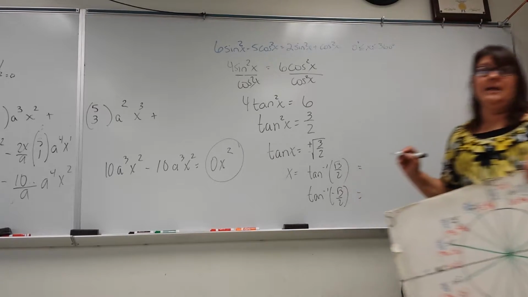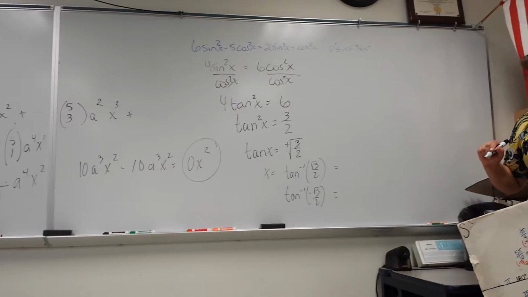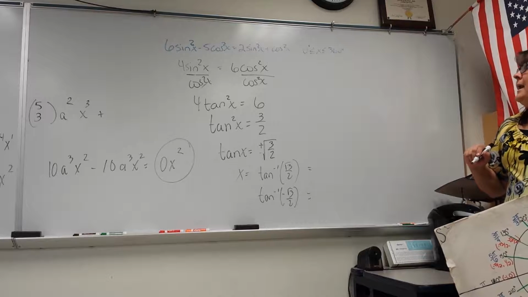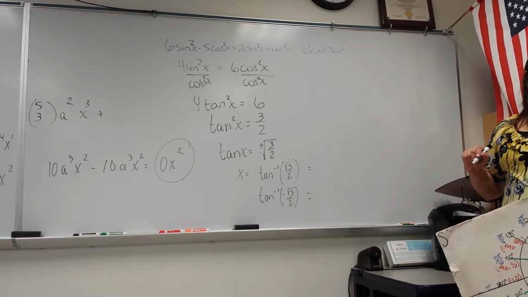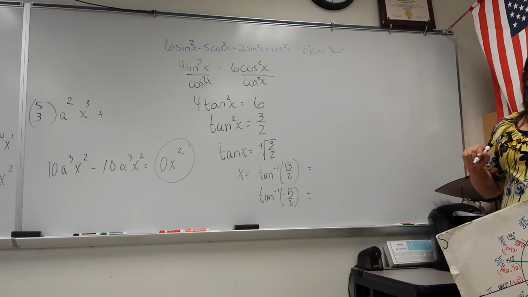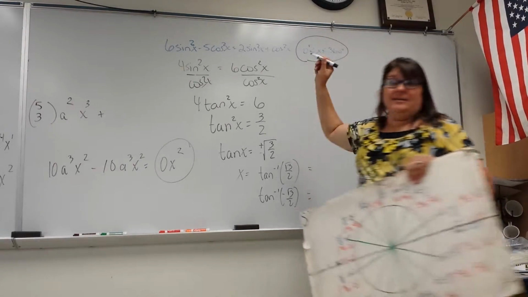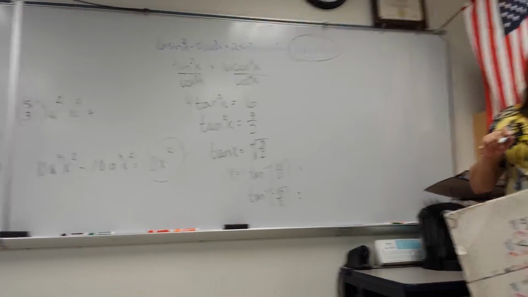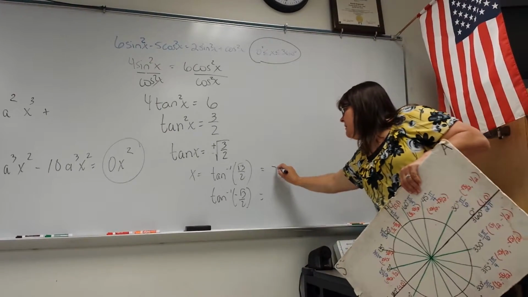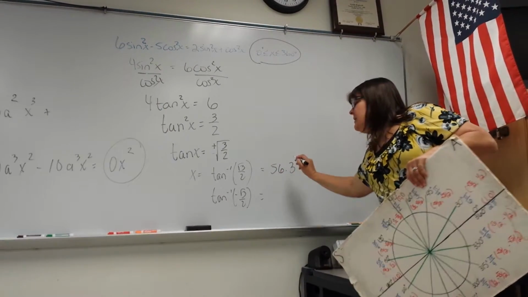So each of them has an answer. And I'm in what mode? Radian or degree? Because it says 0 to 360, so I'm in degree mode. It's 56.3 degrees here.